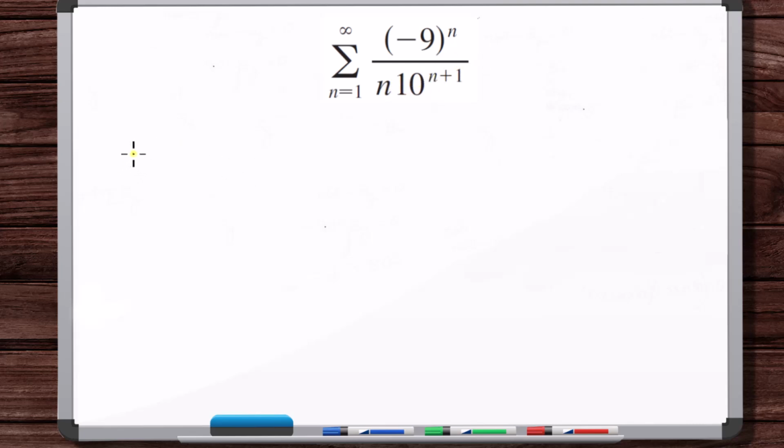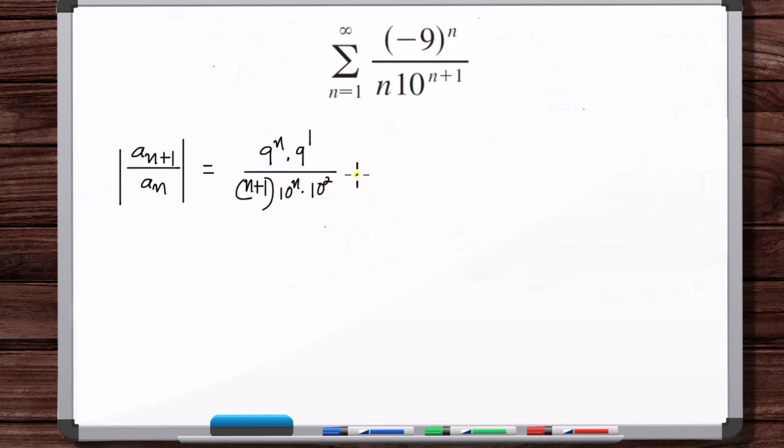So the a sub n plus 1 over a sub n, we can just think about this with the minus sign gone. And so we've got 9 to the n plus 1 is going to be 9 to the n times 9 to the first. And then we'll have n plus 1. And then 10 to the n plus 1 is, okay, so that's 10 to the n and 10 squared.